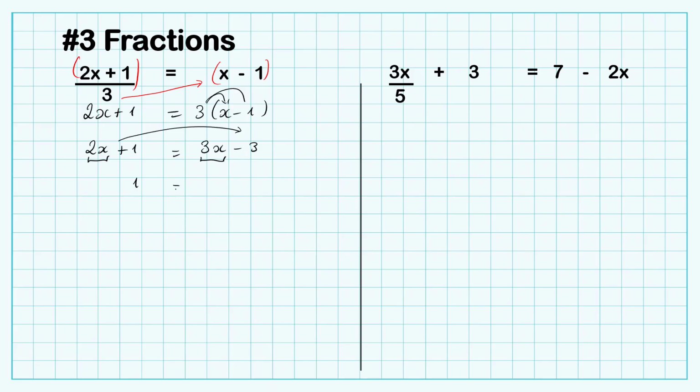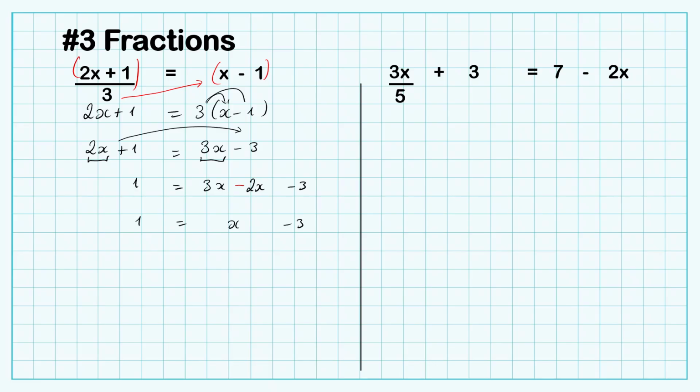So 3x minus 3, we park it on the right to make room for the 2x. Now, again, you will remember that we have to put a negative sign because the 2x goes to the opposite side, the sign changes. Then we're going to have 3x minus 2x is x. Then we have minus 3 on the right hand side, and on the left hand side we carry that forward.